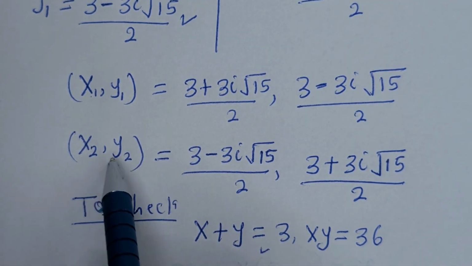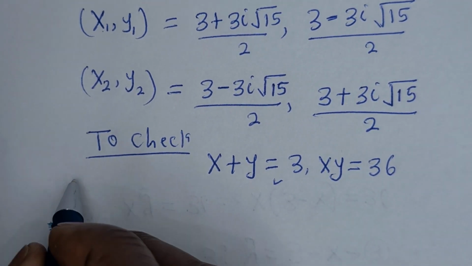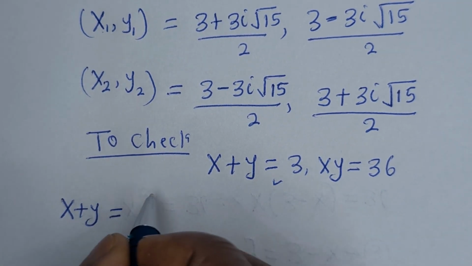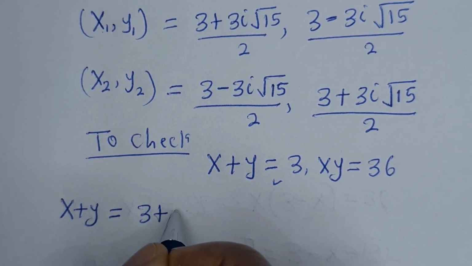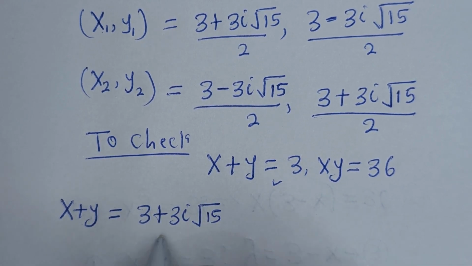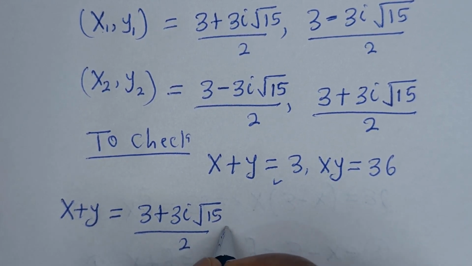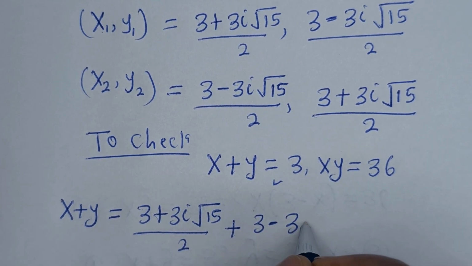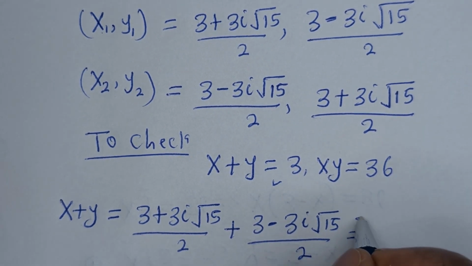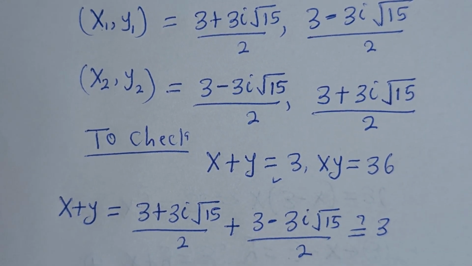We may also use x2, y2. x plus y, this is 3 plus 3i root 15 over 2 plus 3 minus 3i root 15 over 2 must be equal to 3.